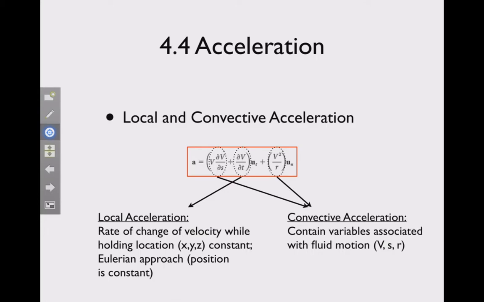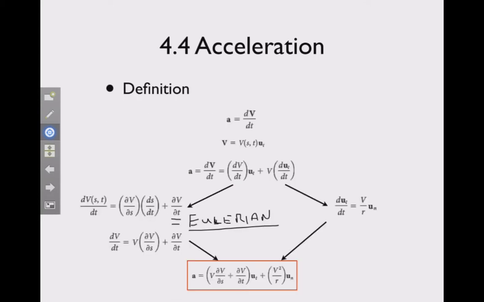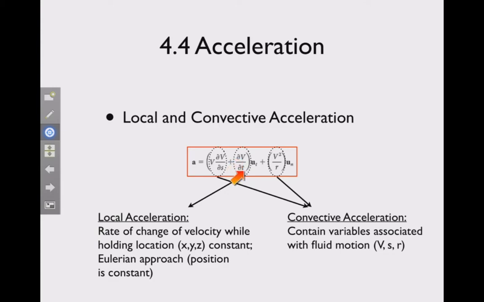If we're given v as a function of both position and time, we can take a partial derivative with respect to time to get our local acceleration, or we can combine both these terms to calculate the convective acceleration. Note that this will, in general, be a vector quantity because this term is in the tangential direction and this term is in the normal direction.